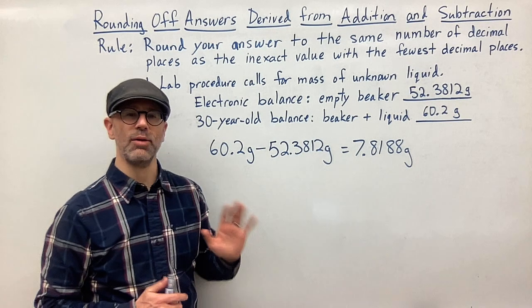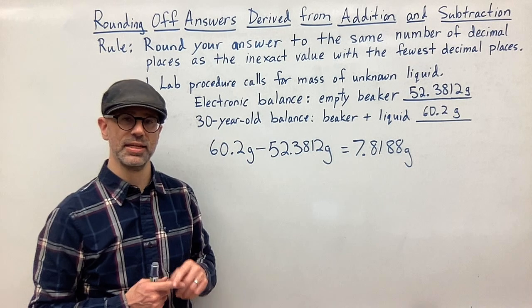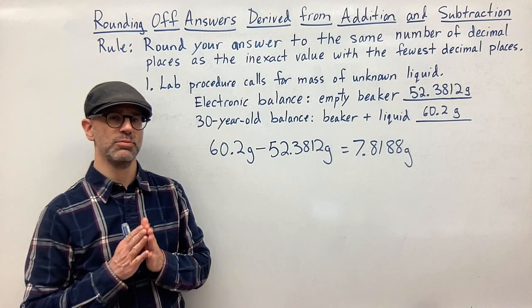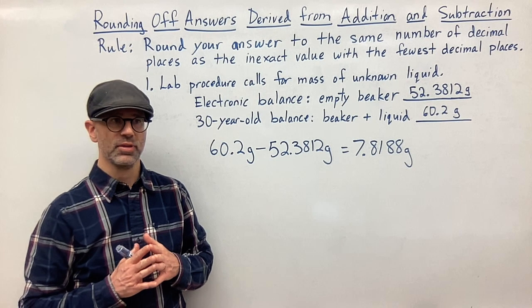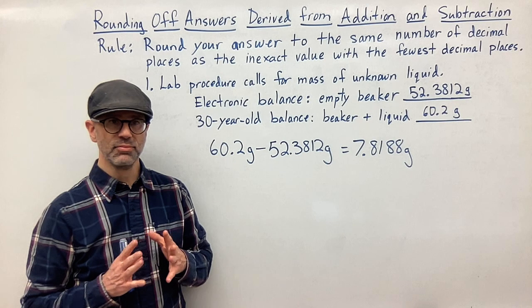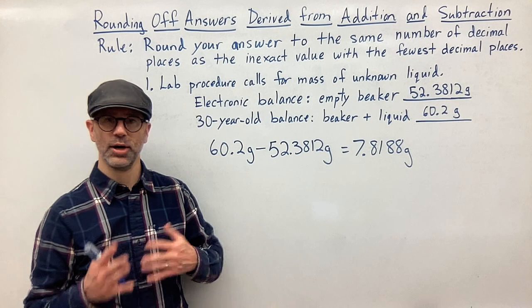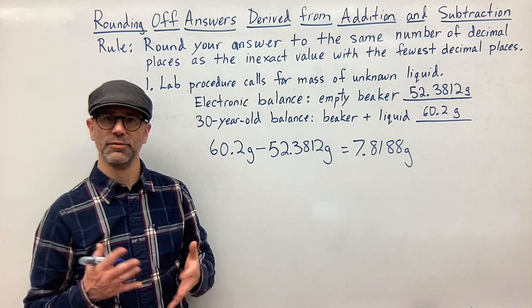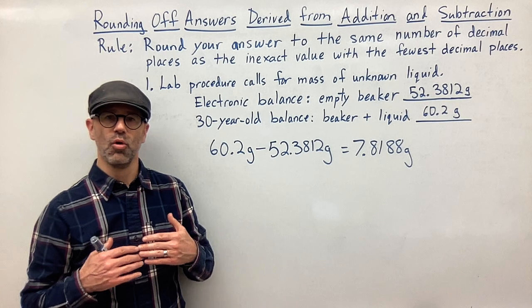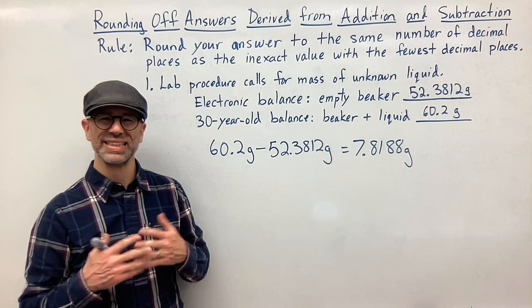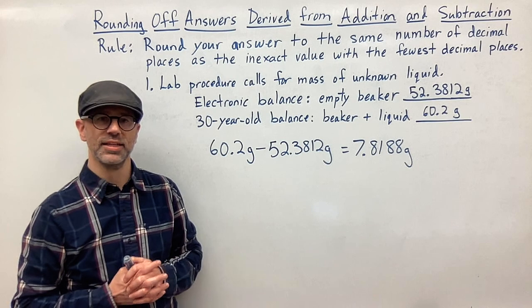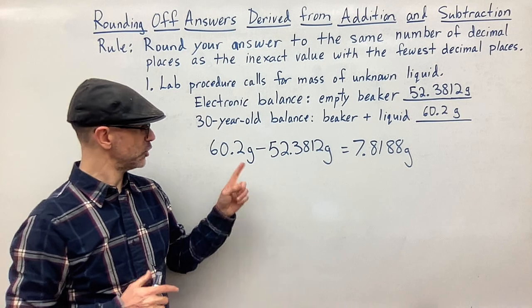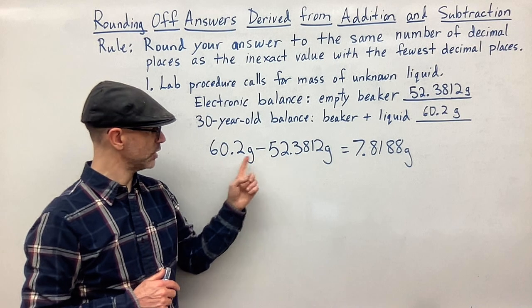One thing I want to say before we get into this is that this idea of decimal places is a little bit confusing, or I would say misleading. When you think of decimal places, you're thinking of places after the decimal point.